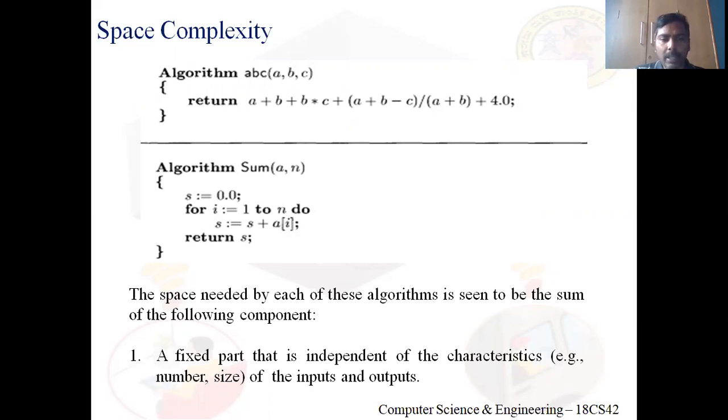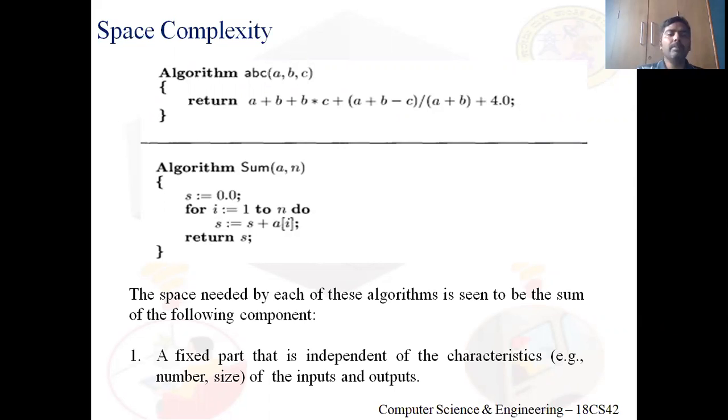Just think of it. In each run, is this array A going to occupy the same units of memory? Let me say the algorithm is to determine the sum of array elements. When you run this algorithm the first time, you might give 10 elements in an array. In the next run, you might give 100 elements, and in another run, 50 elements.